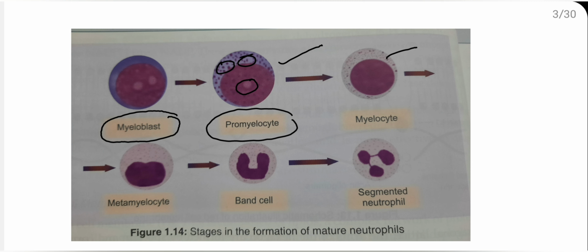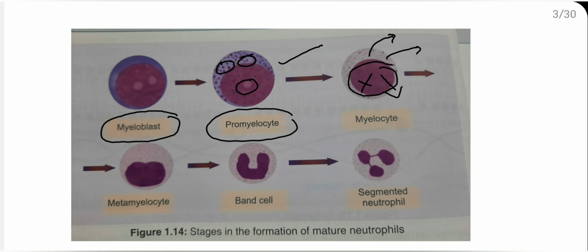Suppose if it is going to become eosinophils, you are going to see orange-red granules. If it is going to become basophil, you are going to see purple coarse granules. So the specific granules appear from myelocyte, and the nucleus is round and eccentrically placed, and nucleoli are absent here, because chromatin is condensed here compared to promyelocyte and myeloblast.